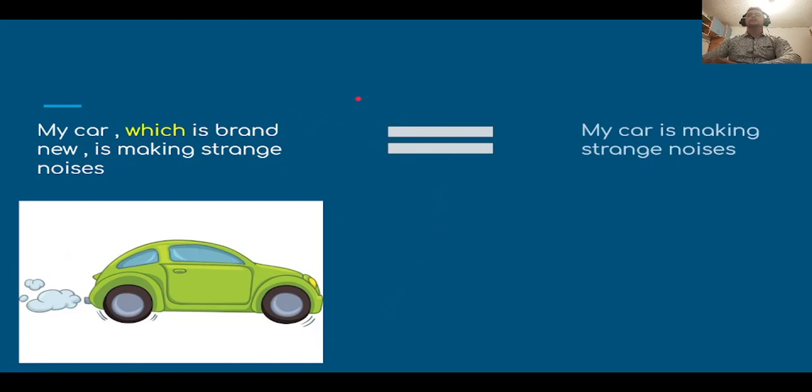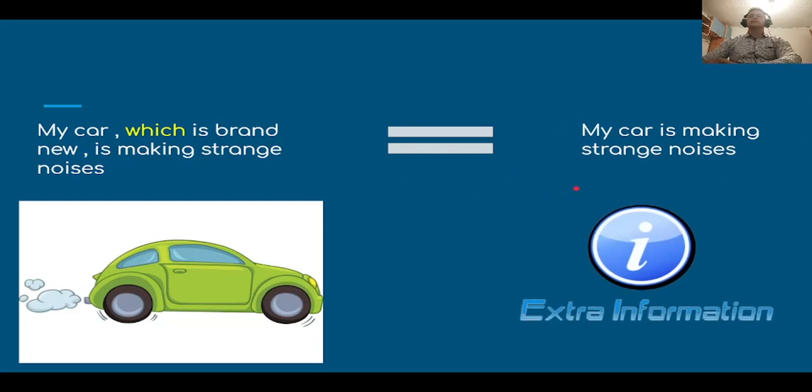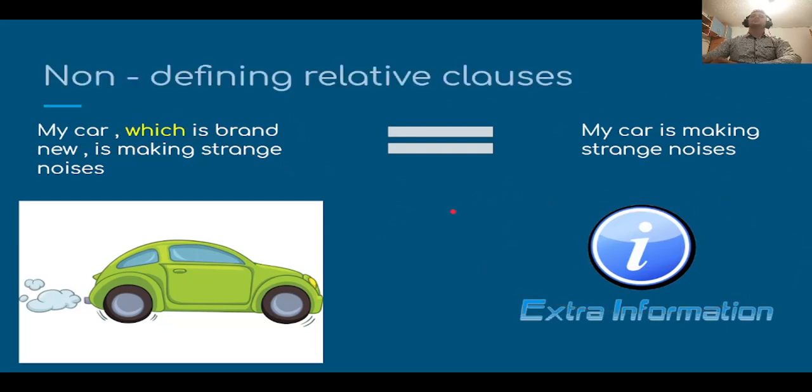The sentence will look something like this. My car is making strange noises. So, do we know which car we are talking about? Absolutely yes. Why? Because the fact that it is brand new is just some extra information, which is the case of the non-defining relative clauses.